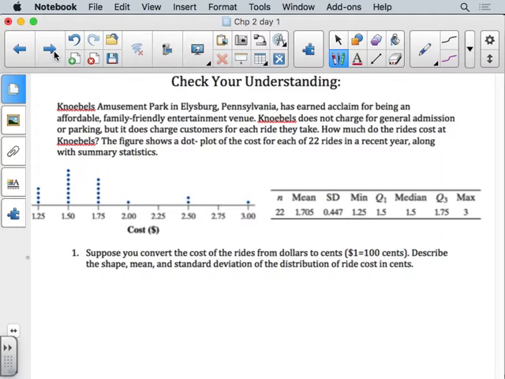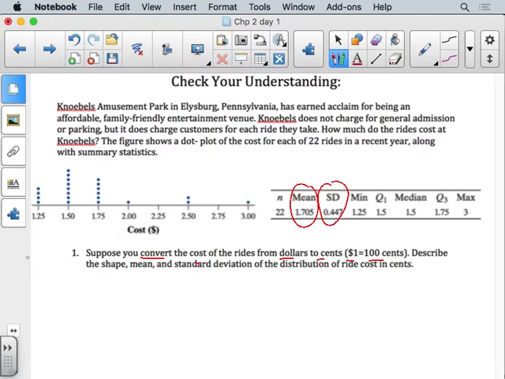Suppose you convert the cost of the rides from dollars to cents. I converted from 1 to 100. Describe what would happen to the shape, the mean, and the standard deviation in cents.